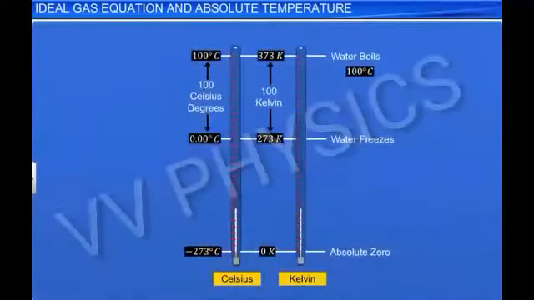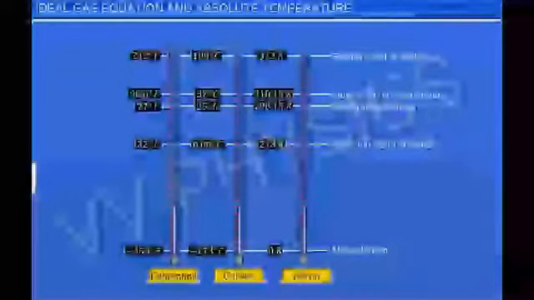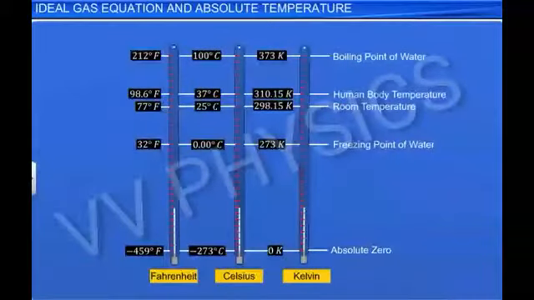The relation between the absolute temperature and Celsius temperature is expressed as T equals Tc plus 273.15. Here is a comparison between the Kelvin, Celsius and the Fahrenheit temperature scales.